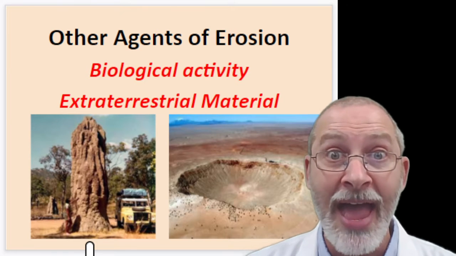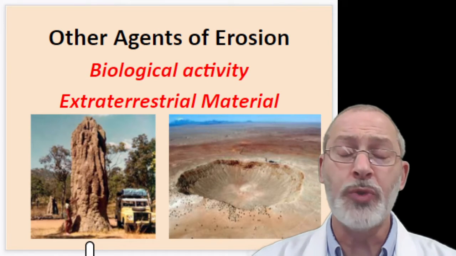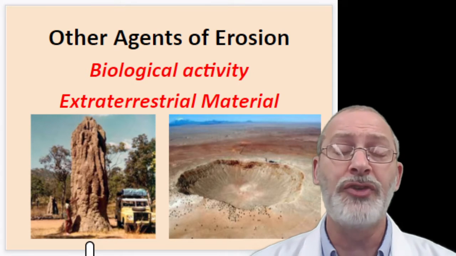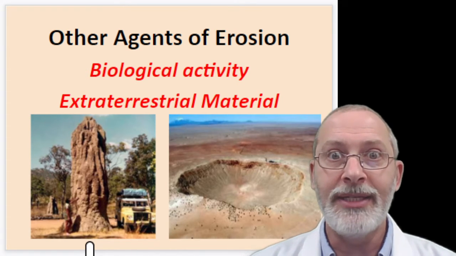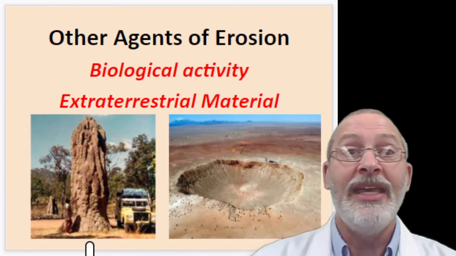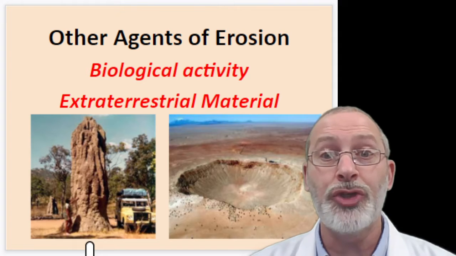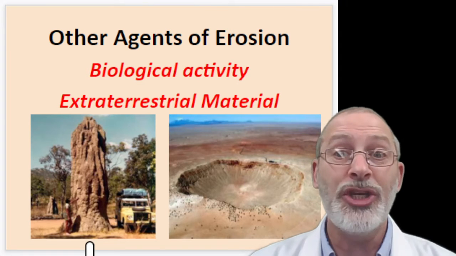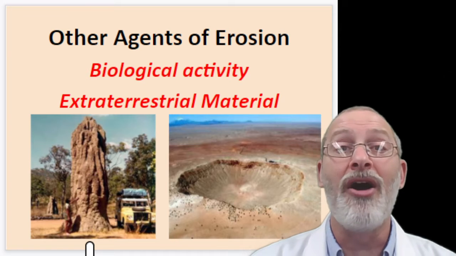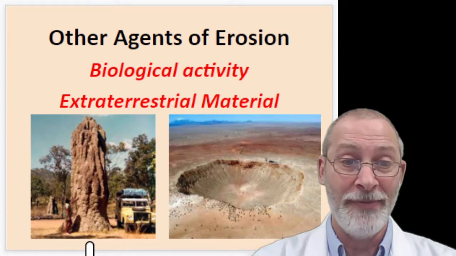But going beyond that, there is one other source of erosion that we can think of, and that is from E.T. E.T., go home. E.T., which stands for extraterrestrial. Extraterrestrial material. Things that are beyond the Earth.